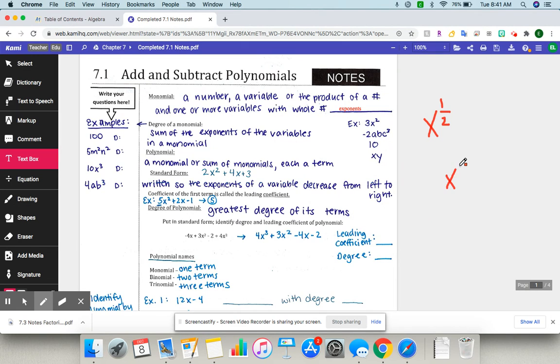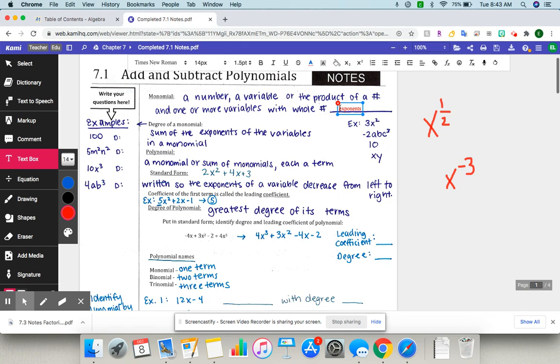X to the negative 3 would also not be considered a monomial. So really I should add whole number positive exponents. Well, really non-negative, because if 0 is an exponent, that will work. Remember, anything to the 0 power is just 1.